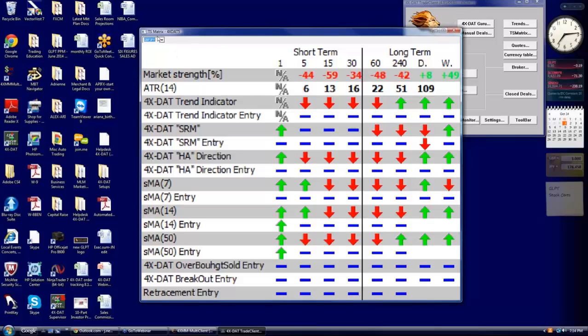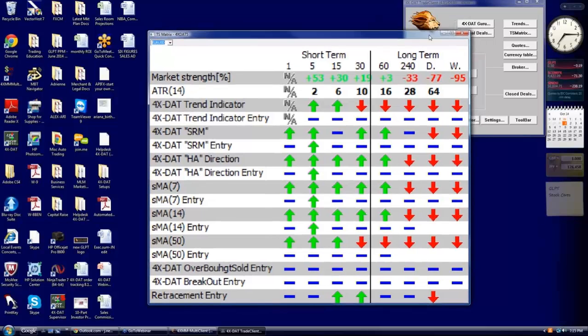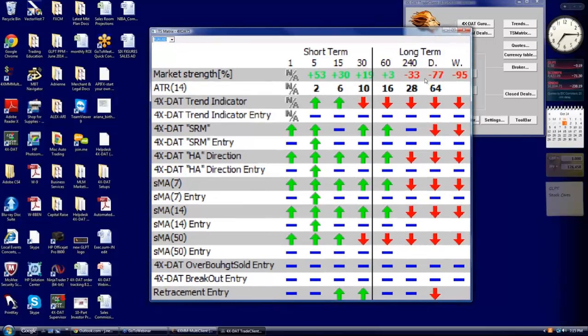So we can also look at any other pair that we broadcast or that we support. Euro dollar, obviously long term is down, has been going down for some time now, but short term is trying to retrace or recover a little bit. For the most part, the strategies are built off of long-term indicators that measure the price change.